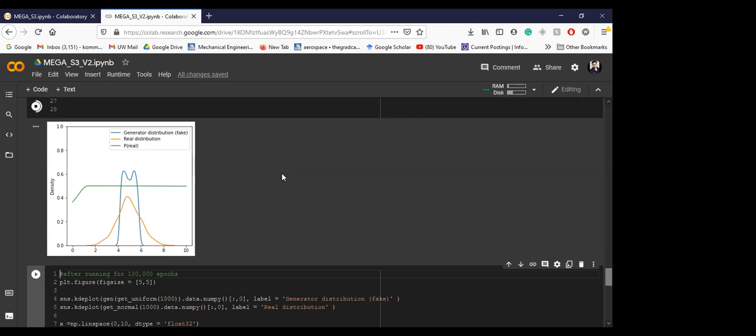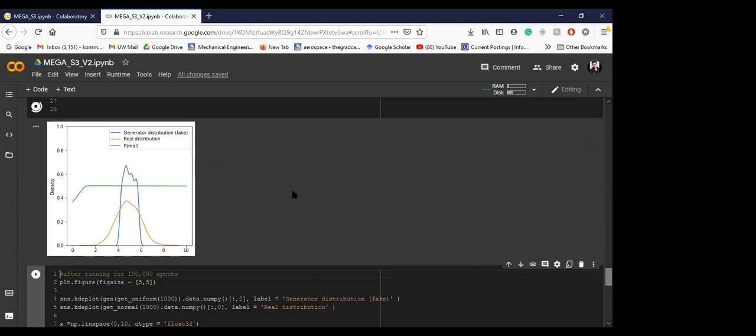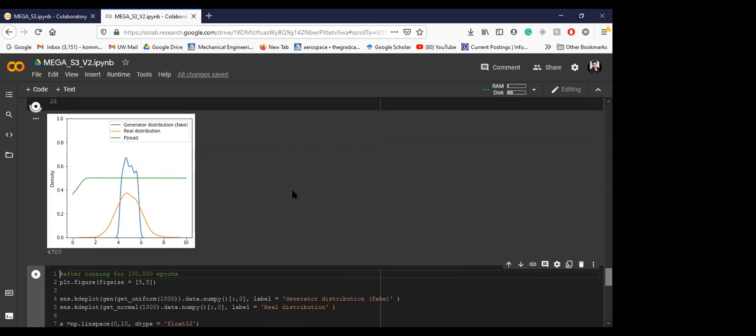So GANs are really useful for simulating all kinds of dynamical systems. This was a 1D example, but it gets so much more complicated for 2D examples or fluid simulations, but you essentially have the idea behind what you can do.